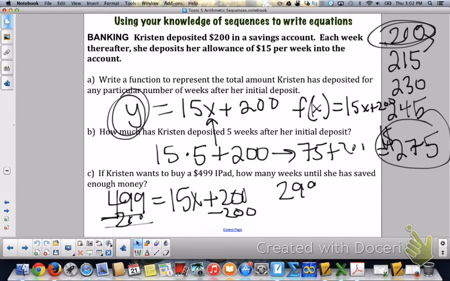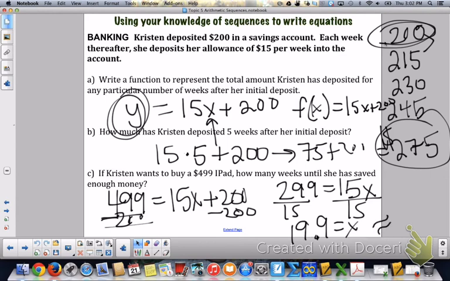You get 299 equals 15x, divide. 299 divided by 15 is 19.9. So we're going to call that about 20 weeks. Okay, 20 weeks, and she has enough money for her iPad. All right, so go ahead and do the you try there, and we'll work more in class tomorrow.